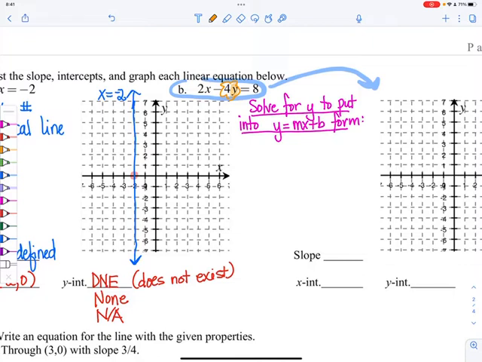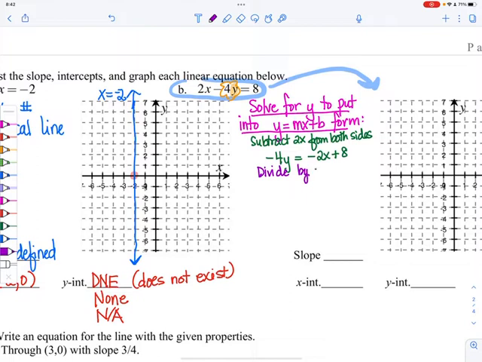So I'm actually going to subtract 2x from both sides. When I do that, I'll have -4y equals -2x plus 8. And now I will divide everything by -4.